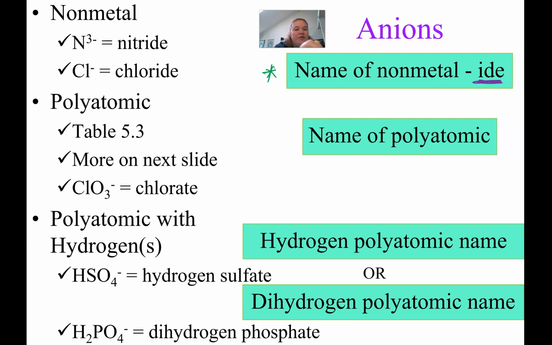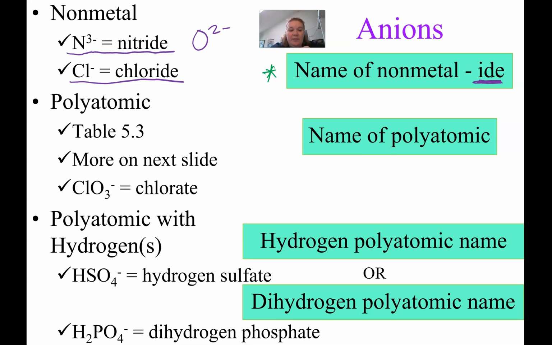So the examples over here, nitrogen with a 3- charge becomes nitride. Chlorine with a 1- becomes chloride. Oxygen is oxide. So not a big change. We're just changing the ending to "ide."